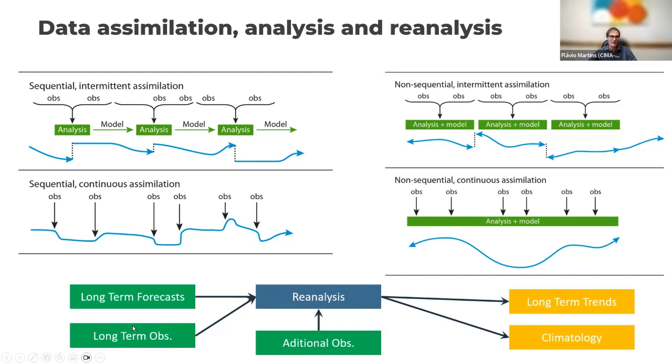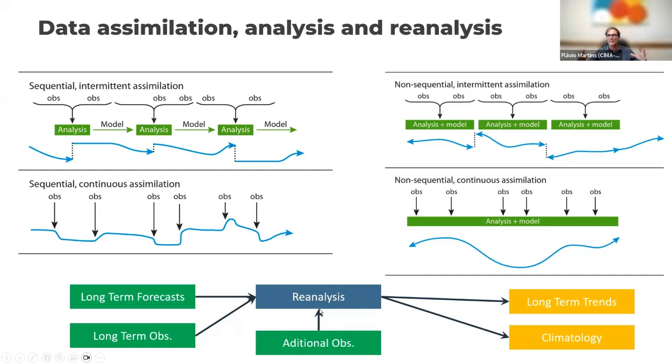Instead of a long time, they pick, for example, one month, and they use all the observations during one month and all the forecasts during one month, and some additional observations they didn't use in real time because they were not available in real time, but at the end of the month already exist.